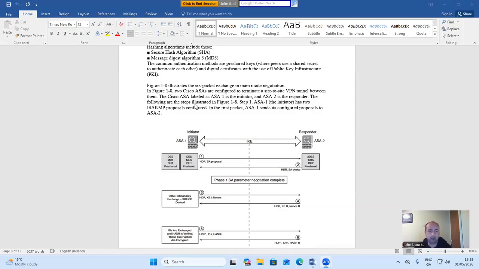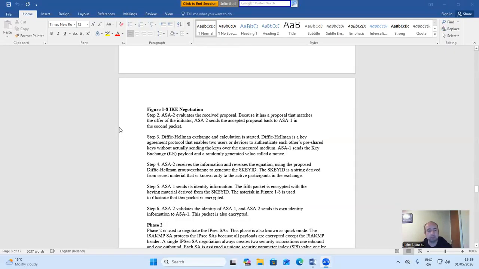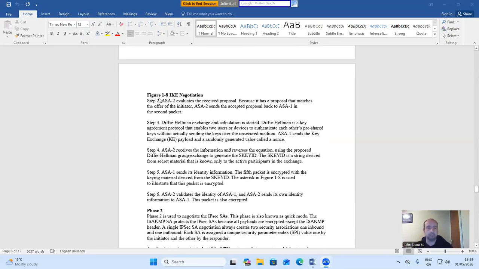Now, the following are the steps illustrated in Figure 1.8. Step 1: ASA1, the initiator, has two ISAKMP proposals configured. In the first packet, ASA1 sends its configured proposals to ASA2. Figure 1.8, IKE negotiation. Step 2.